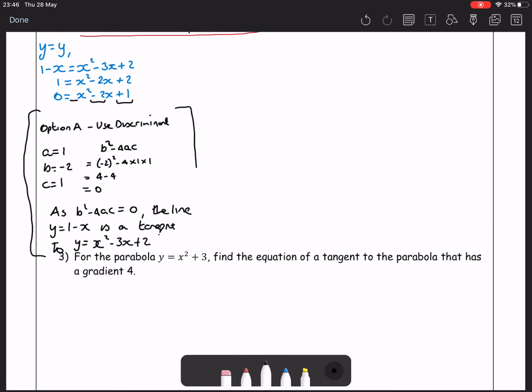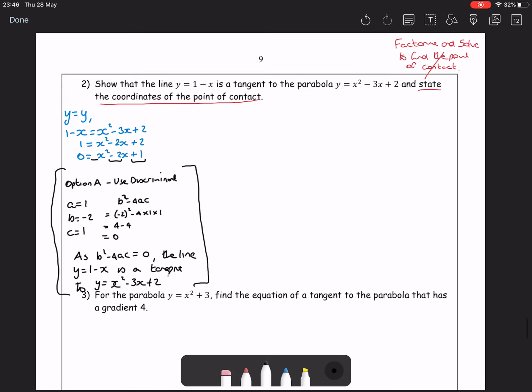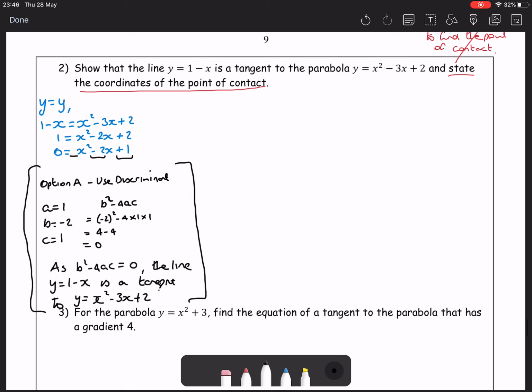Okay, that answers the first part. However, you're in a bit of a situation to try and get the coordinates of the point of contact.